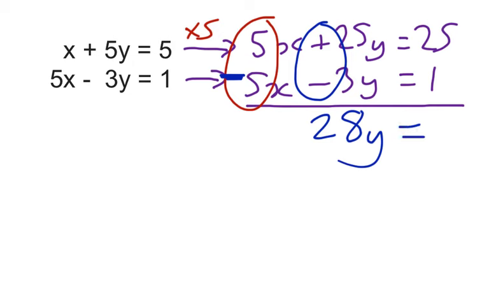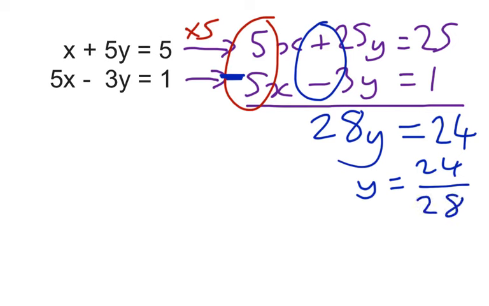And that is equal to 25 minus 1, which is 24. So y is equal to 24 over 28, which we can cancel down to y equals 6 over 7.